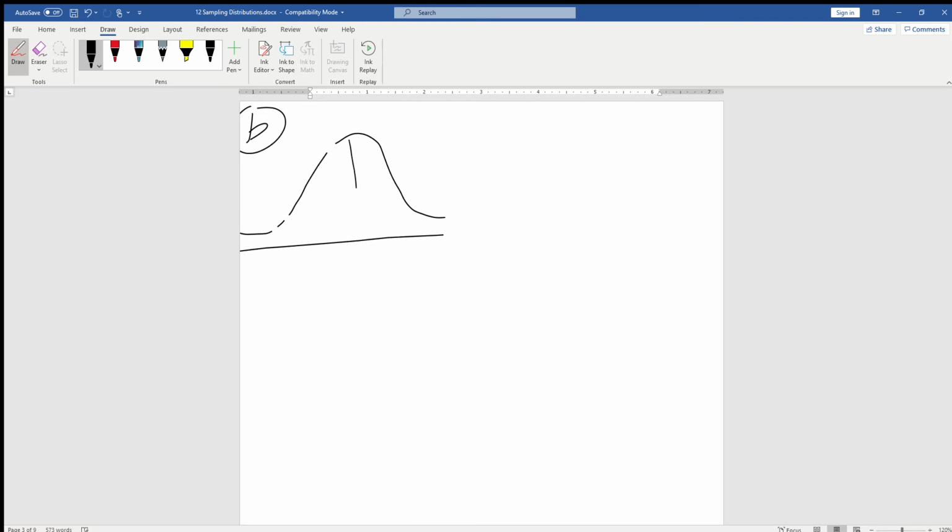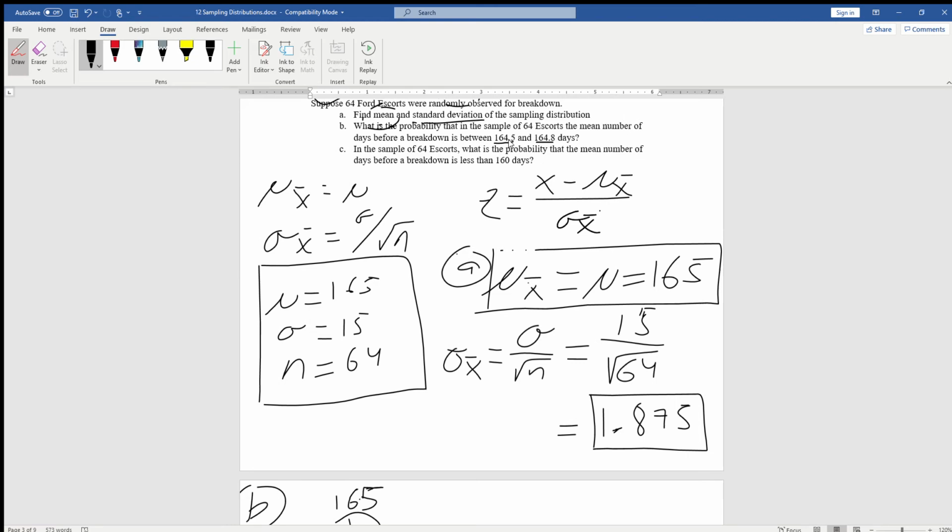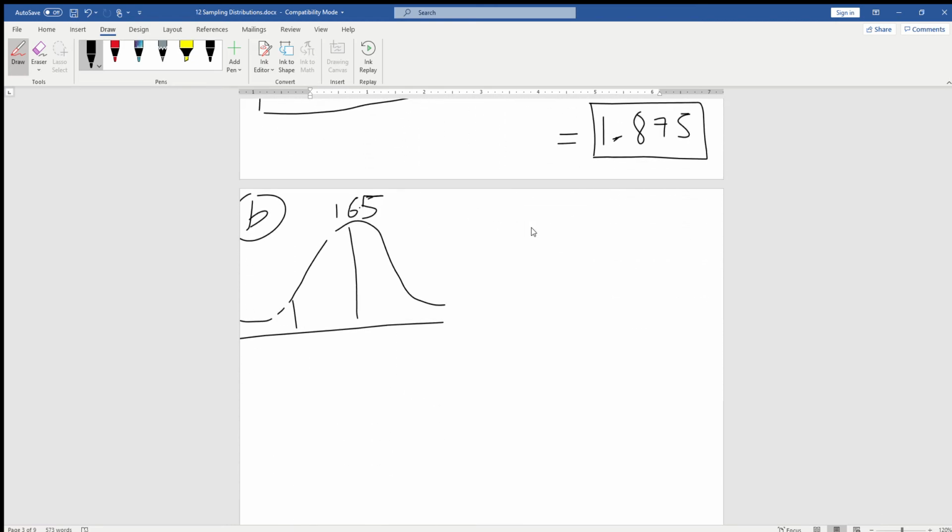In the middle of this normal distribution is 165 because the average number of days before breakdown was 165. Now remember we had 164.5 and 164.8. And the area, or the probability, that we're looking for is right in here.